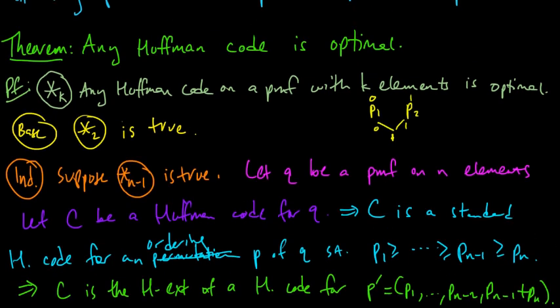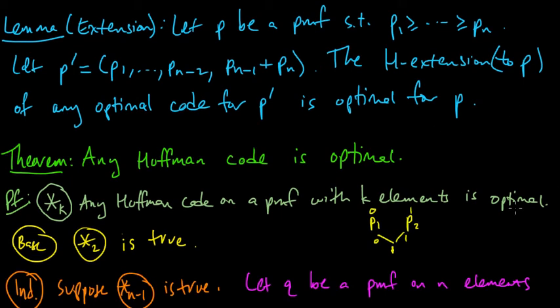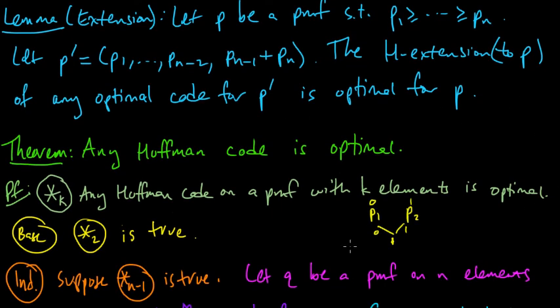And what do we know about the H extension of a Huffman code for a P prime of this form? We know from the extension lemma that if we have a P in descending order and P prime is this thing, then the H extension to P of any optimal code for P prime is optimal for P. And by our induction hypothesis, we have supposed that any Huffman code on a PMF with n-1 elements is optimal.